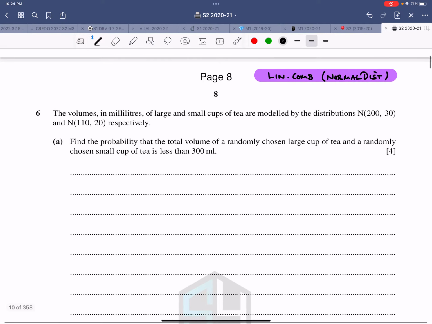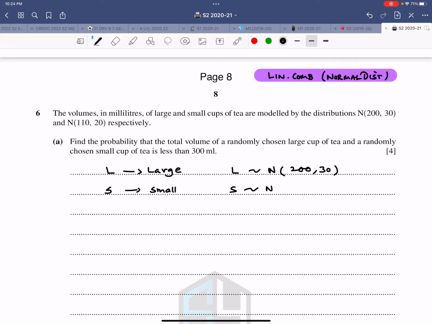So now it says the volume is such and such, L for large, and S for small. Large follows a normal distribution, 200, 30. Small follows a normal distribution, 110, 20.